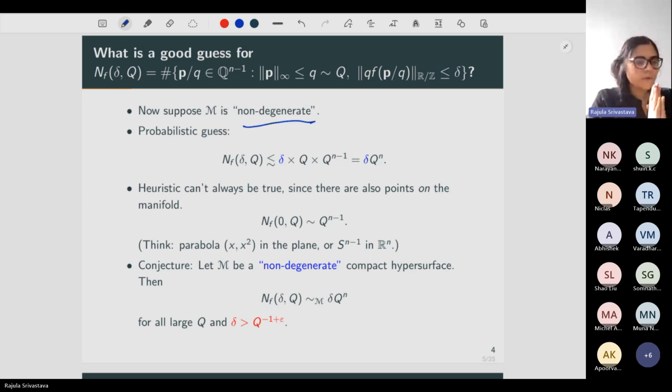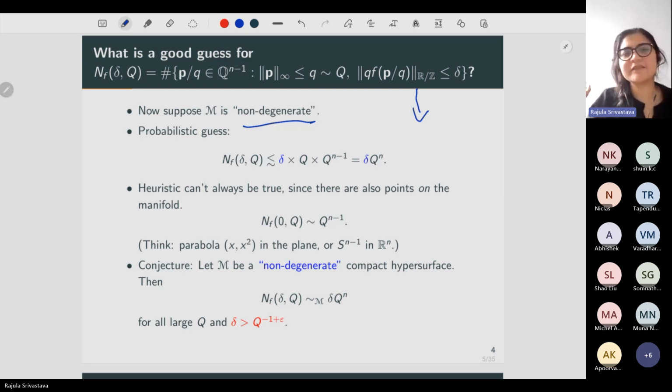Anyway, suppose so what's a better conjecture that we should think about for this kind of problem? If everything was nice and random, and I look at the third condition, that's saying that you are cutting out a neighborhood of radius delta around your hypersurface.